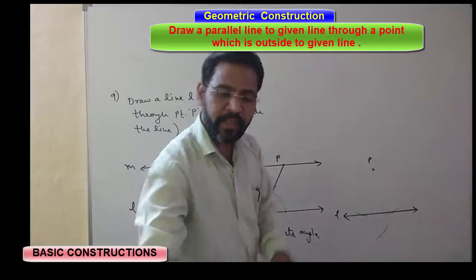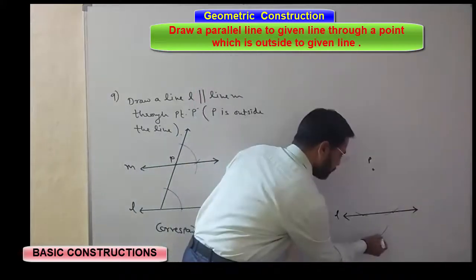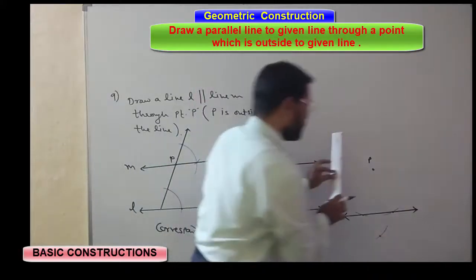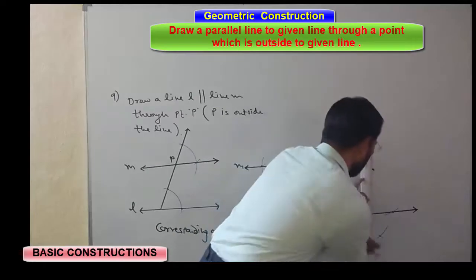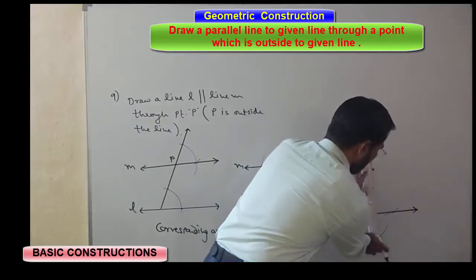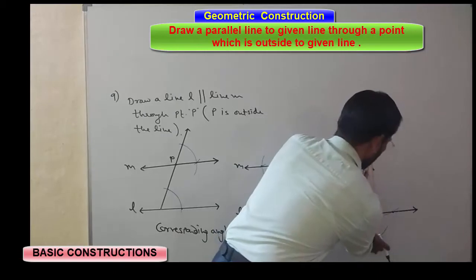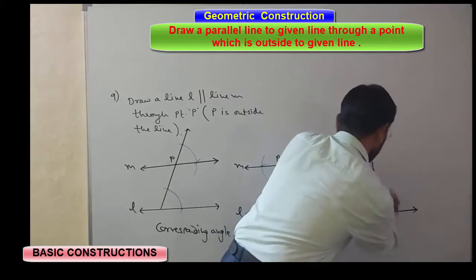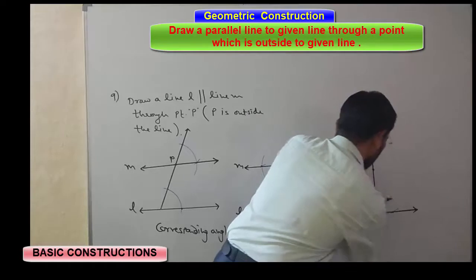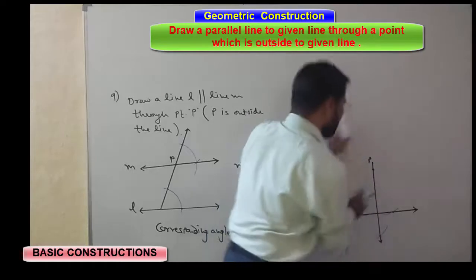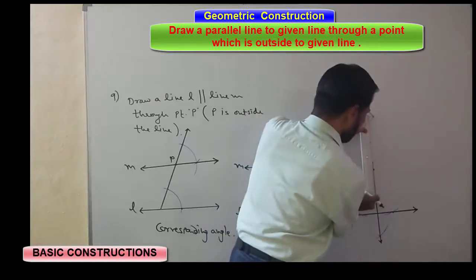After getting this intersecting point, we want to join this P and this new point here. Okay. Just try to join here. Okay, I'll just extend this line here.